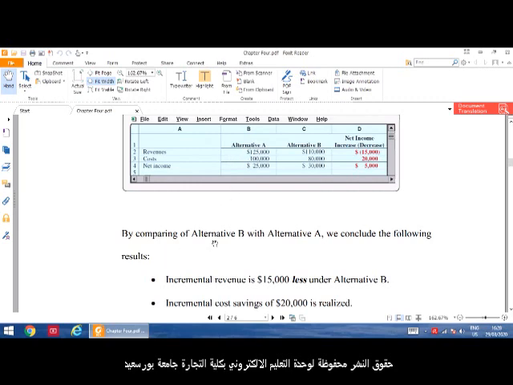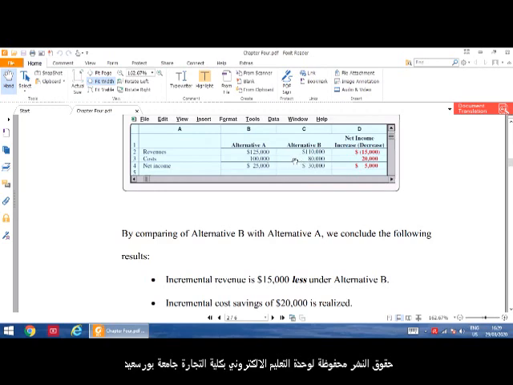We compare alternative B with alternative A and conclude the following results. Incremental revenue is $15,000 less under alternative B. Revenue under alternative B is less than under alternative A by $15,000.